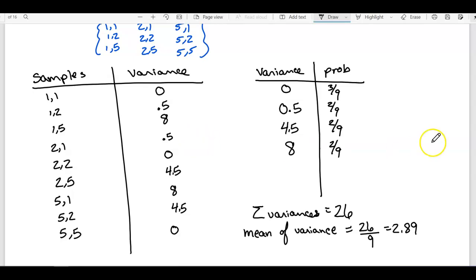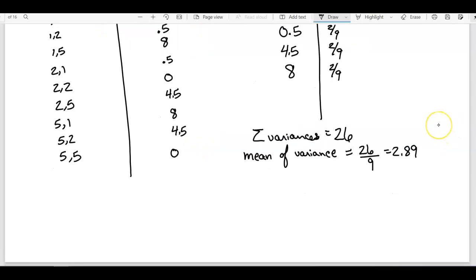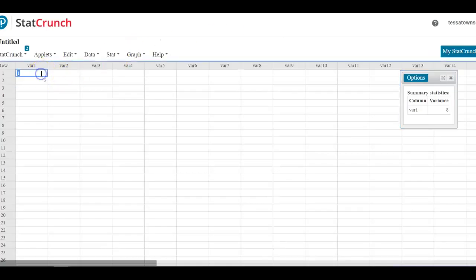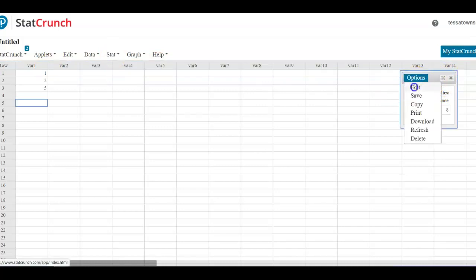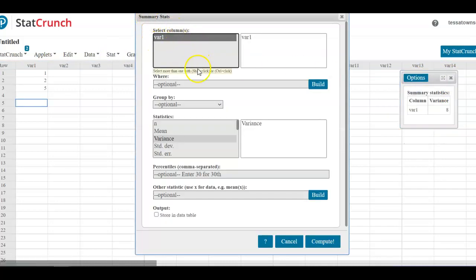So we want to compare that to the population variance. To find the population variance in StatCrunch, remember our population was 1, 2, and 5. I'm going to go back to my summary statistics, but I'm not choosing this option.